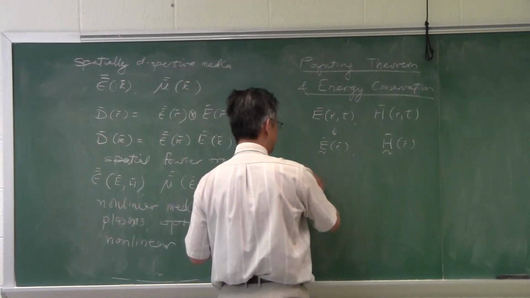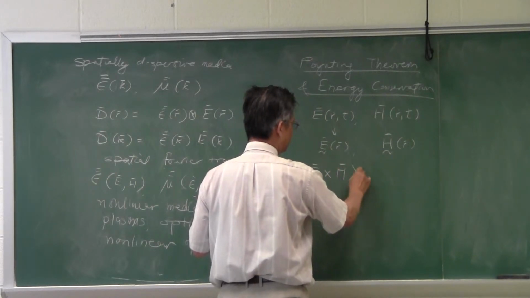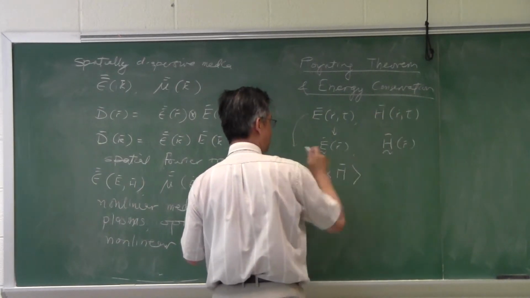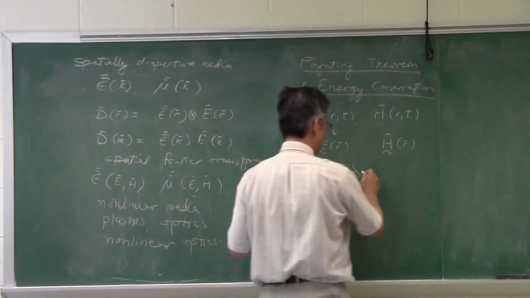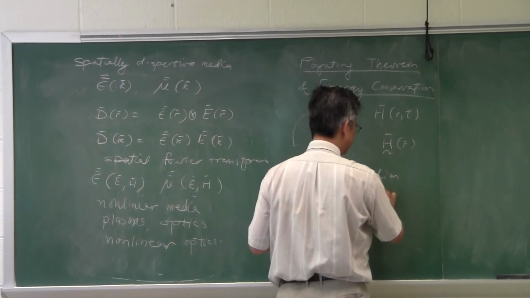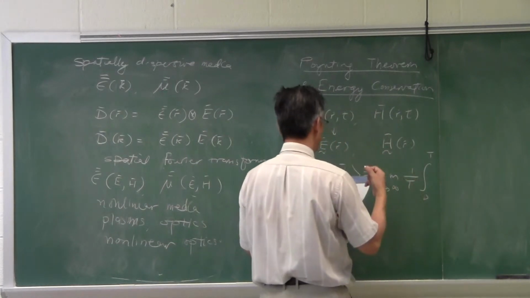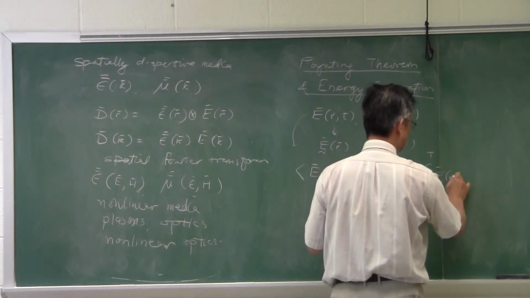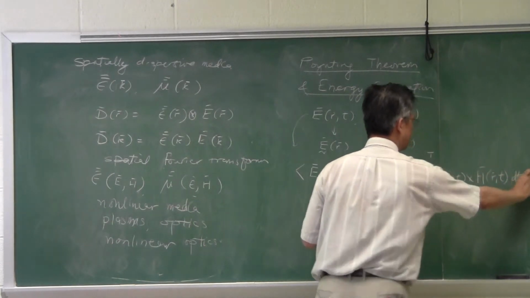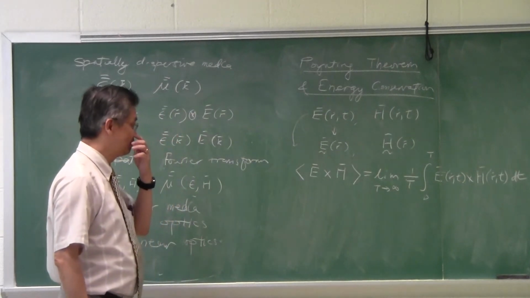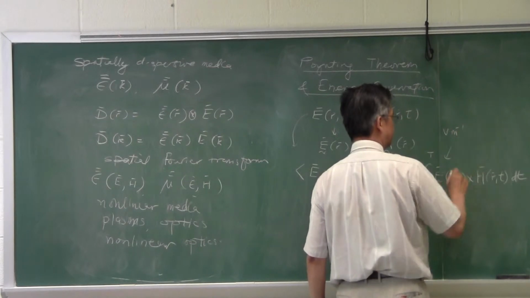And you can prove that this quantity, take this and plug it in there, and take the time average. The time average is defined to be the limit of T going to infinity, 1 over T, integral from 0 to T, of this quantity, E of r,t cross H of r,t, dt. This quantity is of interest because electric field has a dimension of volts per meter.